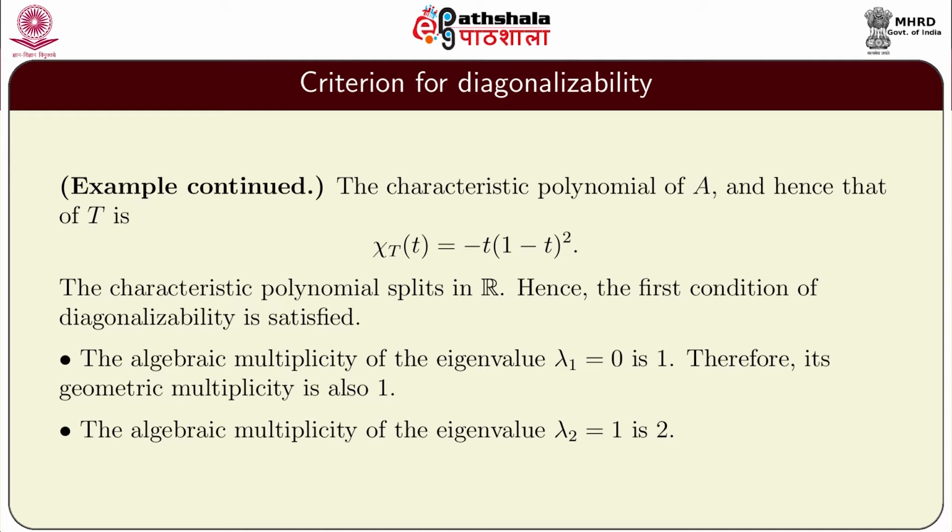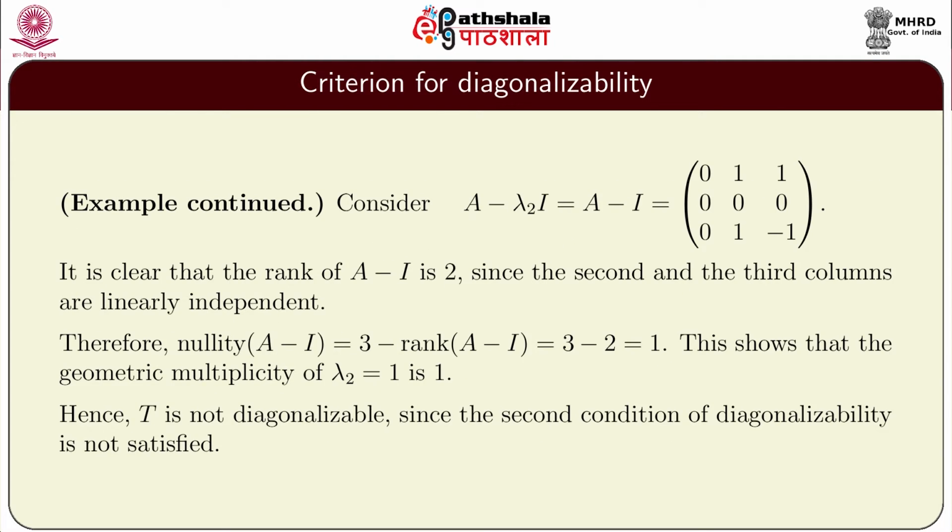It could be 1 or 2. Consider the matrix A minus lambda 2 I, which is A minus I, because lambda 2 is 1, and that is this 3 cross 3 matrix with first row 0 1 1, second row 0 0 0, and the third row 0 1 minus 1.